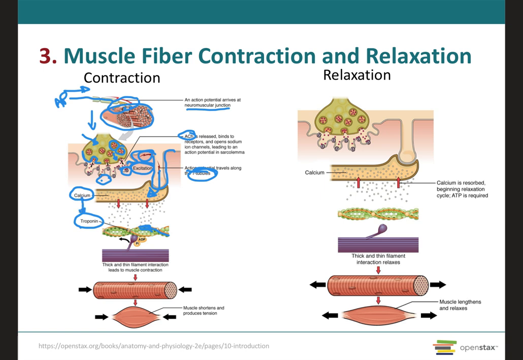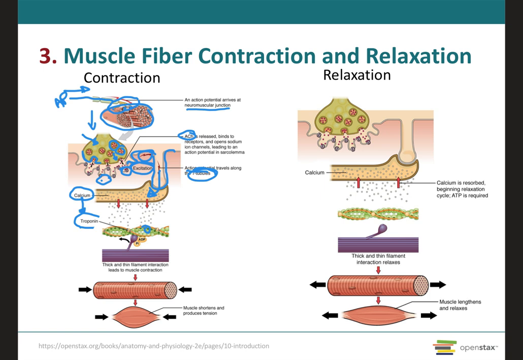As it binds to troponin, troponin allows the tropomyosin to change its conformation and therefore expose the myosin binding sites on the actin filaments. And this exposure will then permit the myosin head to be able to bind to the myosin binding sites on the actin.